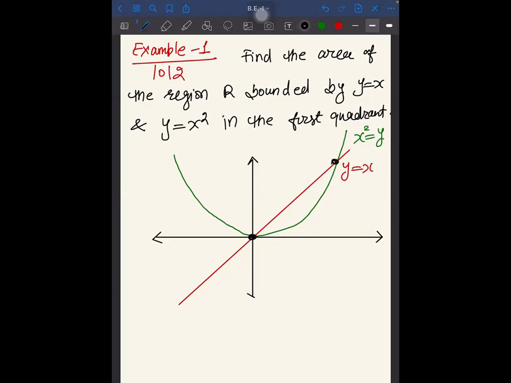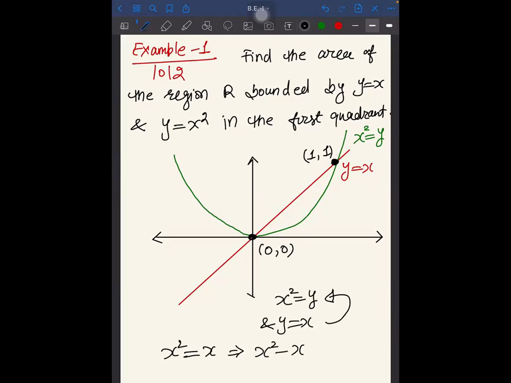These are the points of intersection, so first we need to calculate them. We know they are 0, 0 and 1, 1, but let's determine it. We have x square is equal to y and y is equal to x. Putting the value of y, x square minus x is equal to 0, so x times x minus 1 is equal to 0.